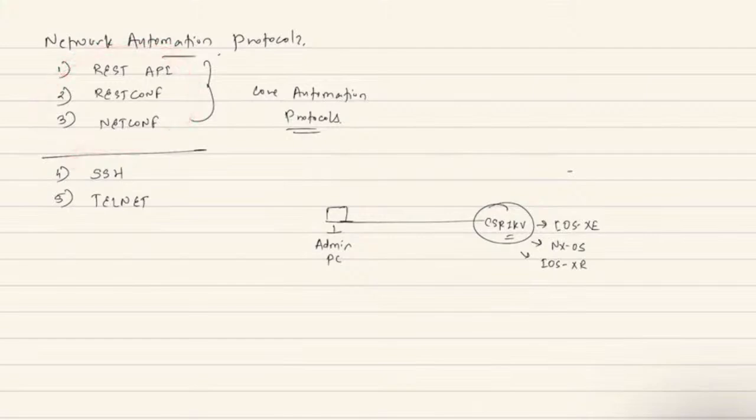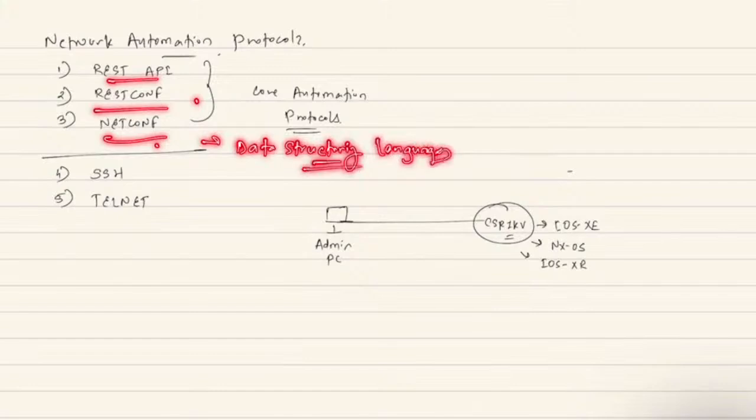When we talk about REST API, RESTCONF and NETCONF, they take help of something called data structuring languages, and the data structuring languages are XML, JSON or YAML.